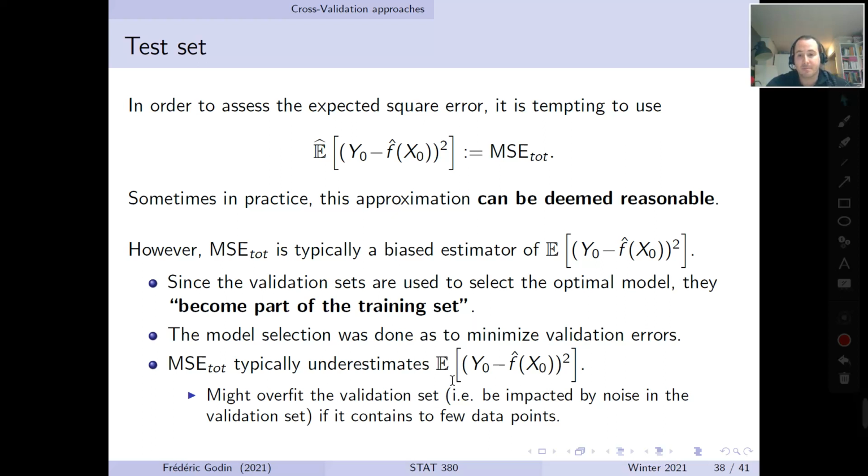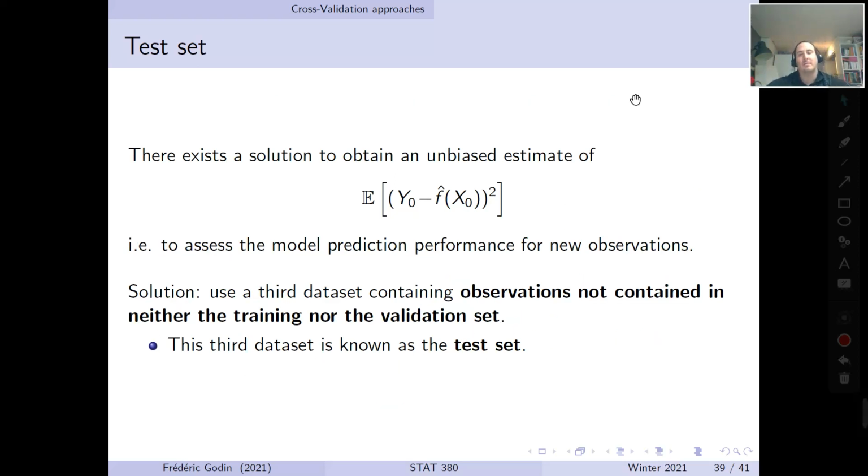So because of that, MSE total is not necessarily the correct thing we should use to assess the performance on totally new observations. If we really want an unbiased estimate of the expected squared error we would obtain on a totally new observation, the solution would be to use a third data set which contains observations that are neither in the training set nor the validation set.